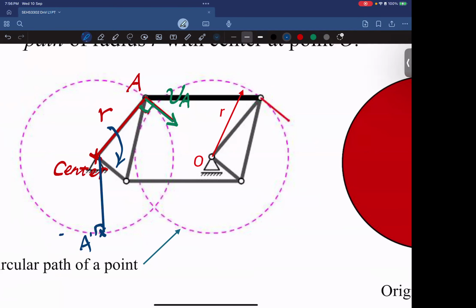Therefore, it must follow this indication to the left-hand side. So once we have a particle on this rigid body, it moves to here. If it moves to here, then the triangle is going to be like this, the new triangle. The triangle will move to here, and we find the point A has a velocity like this.